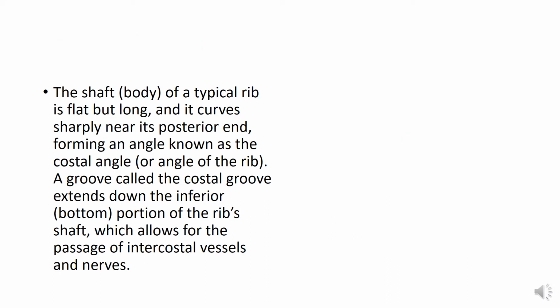The shaft of a typical rib is flat but long and it curves sharply near its posterior end, forming an angle known as the costal angle or the angle of the rib. The groove called the costal groove extends down the inferior portion of the rib's shaft, which allows for the passage of intercostal vessels and the nerves.